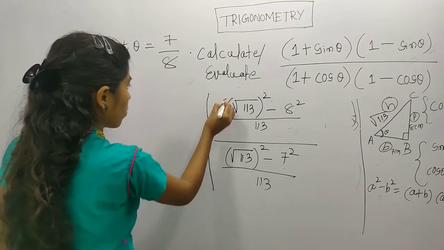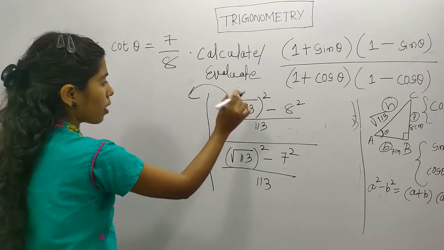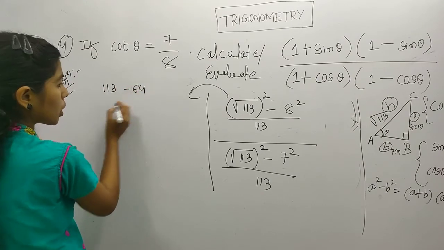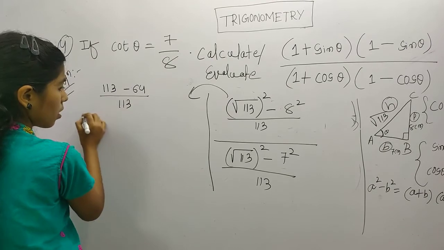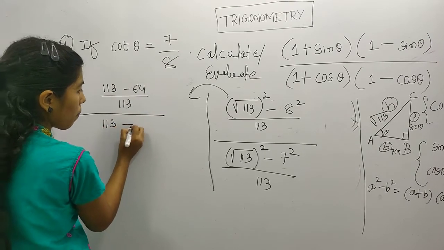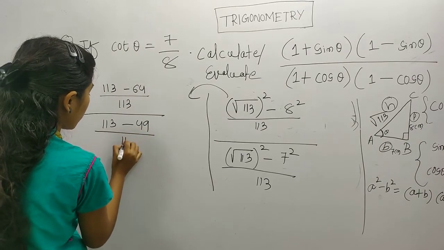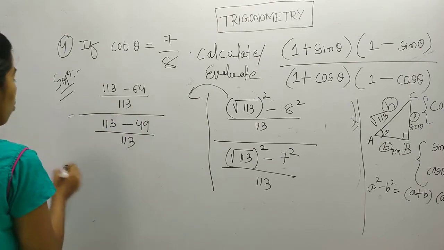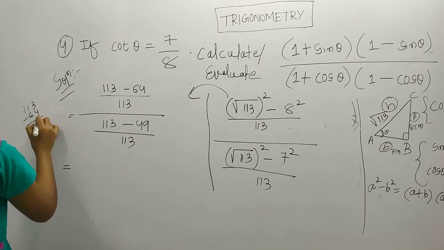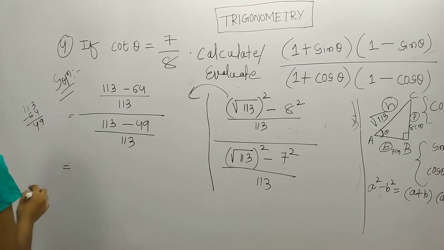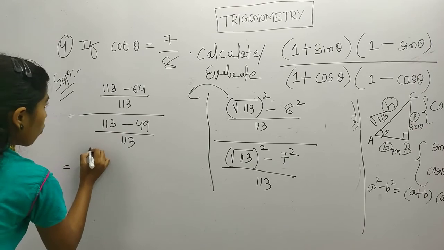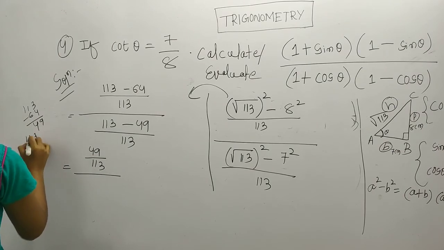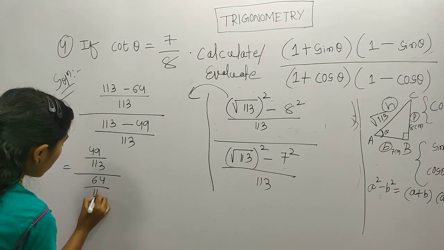Now, next, root and square will cancel, so it will become 113 minus 64 by 113, divided by 113 minus 49 by 113. 113 minus 64 is 49, so it is 49 by 113 divided by 113 minus 49, which is 64, by 113.